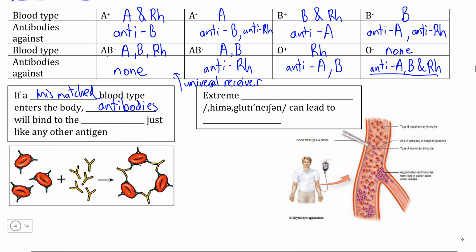So, for example, if our blood type is A, that means that our B cells would produce anti-B antibodies, and if we received the wrong blood type, if we received B-type blood here, the antibodies would bind to the wrong antigens that we see here and cause red blood cells to agglutinate like this.